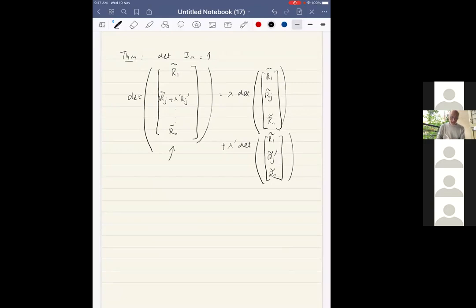So this is the n cross 1 column vector. R1, R2, Rn are 1 cross n row vectors.